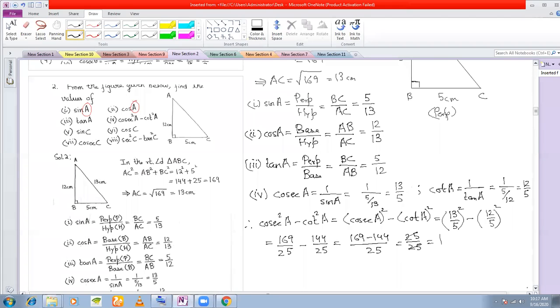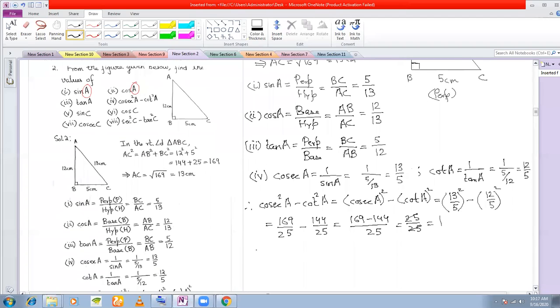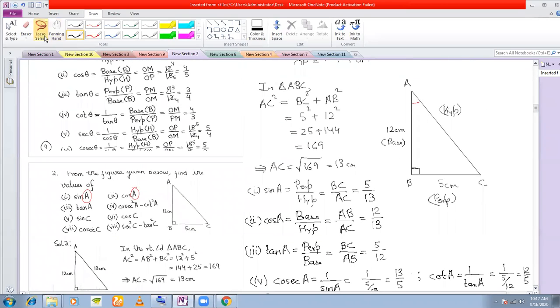Number 5. The next question here is sine C. Now the things are going to change a little here. Sine C, when I am talking about C, instead of this angle being theta, now this angle becomes theta.